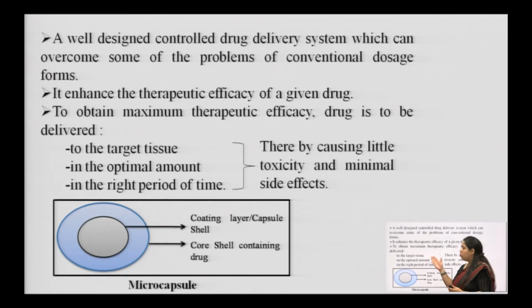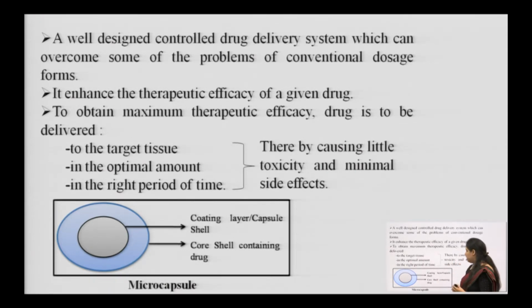Through microencapsulation, we can achieve the targeting effect of the drug molecule within the body; the optimal amount, that means the dose, can be minimized, and the time can be increased or modified. We can get modified release profiles of the drug candidate.